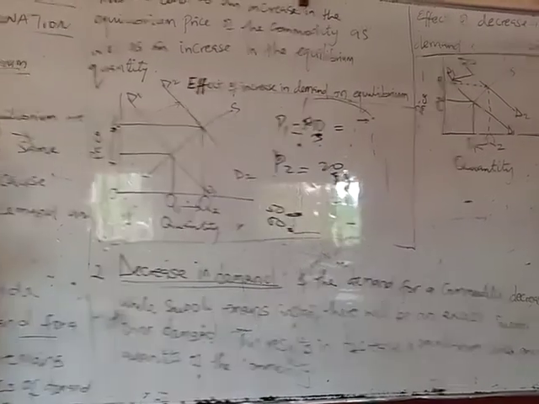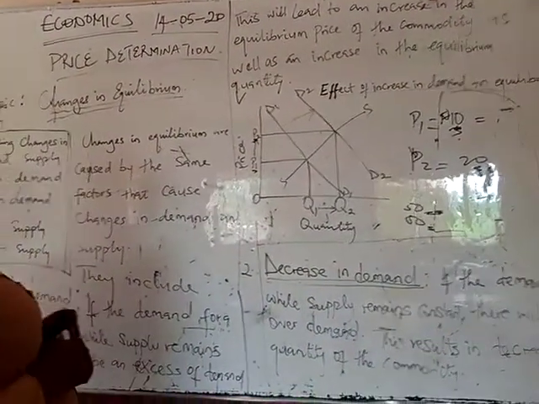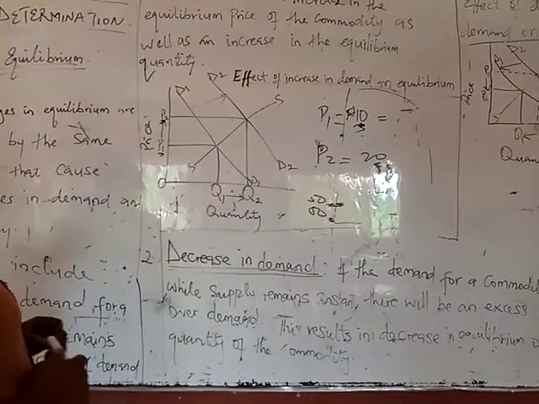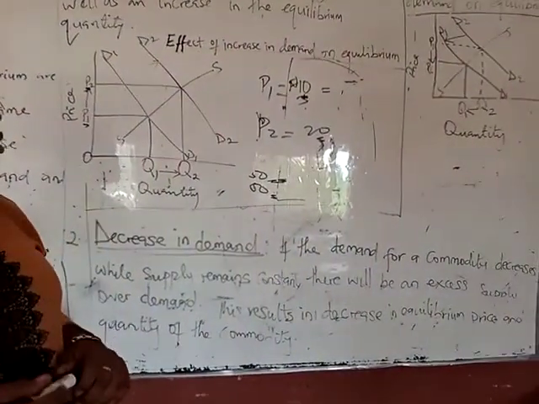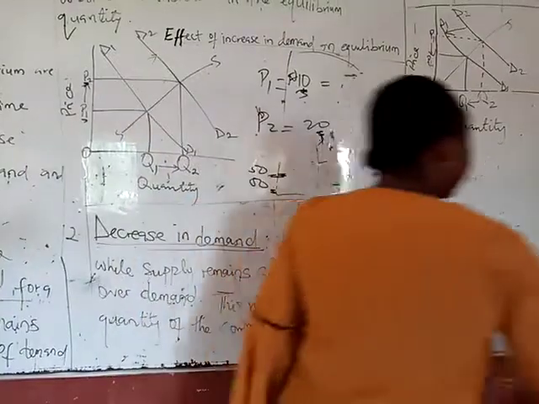Hope we understand that. Another thing that affects equilibrium price is decrease in demand. What is this decrease in demand? Let us use bread for example.